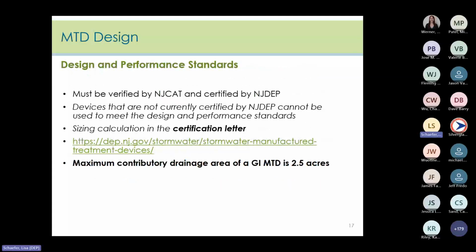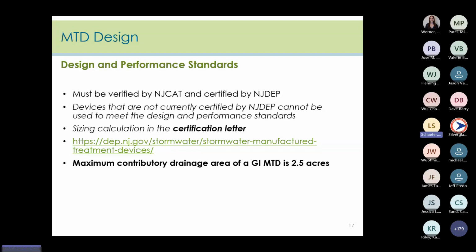So for all MTDs proposed to meet water quality in a project, they must be verified by NJCAT and certified by NJDEP. So devices that aren't currently certified cannot be used to meet the design and performance standards. You're going to follow the sizing calculation that is in the certification letter for that particular MTD.